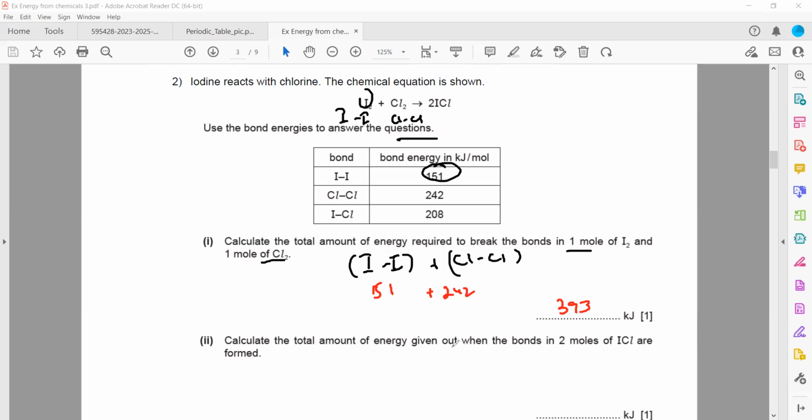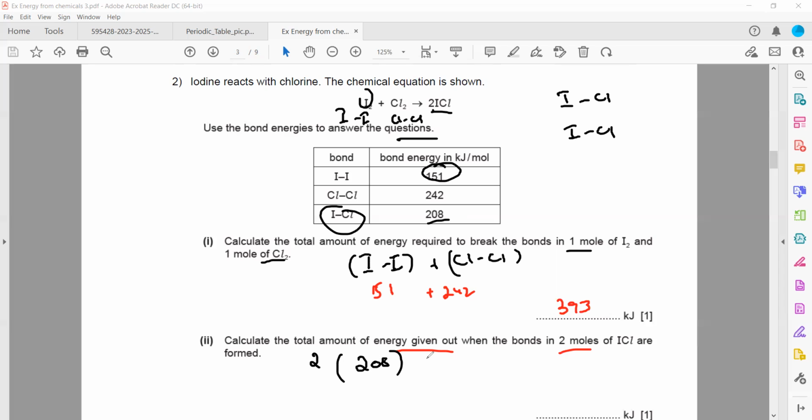Then calculate the total amount of energy given out when 2 moles of ICl are formed. When 2 moles or 2 molecules of ICl are formed, it means ICl and ICl. When one bond is formed, the amount of energy is 208. But there are 2 bonds formed, 2 bonds of ICl, so it will be multiplied by 2.